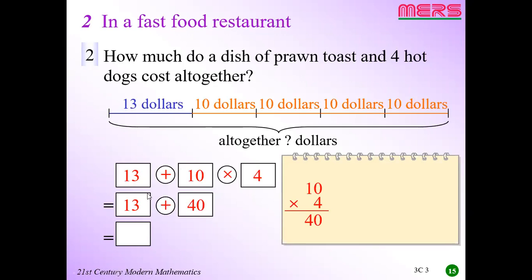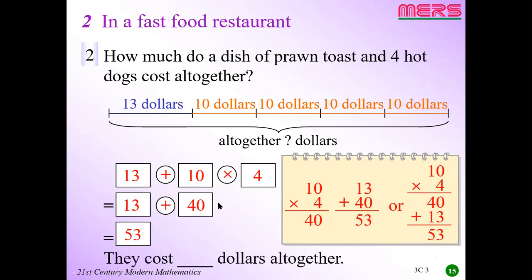Okay, the second step will be 13 plus 40. Addition. And then you will find the answer is 53. You may do them in one step. Okay, always remember to write down your statement. They cost $53 altogether.